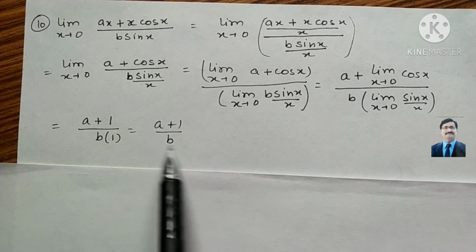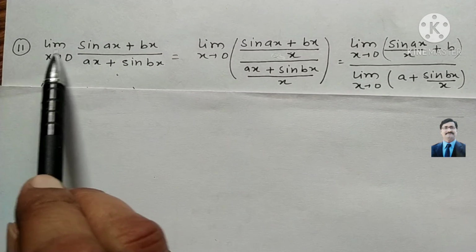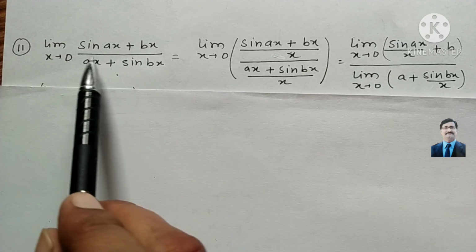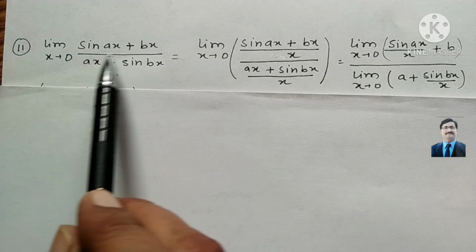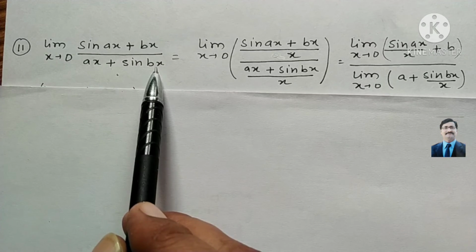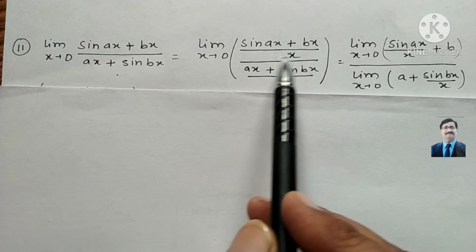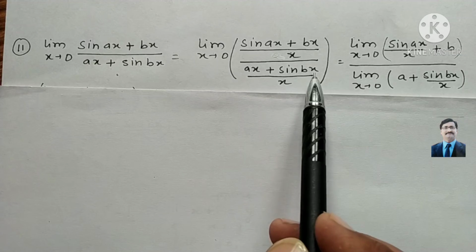This is our answer. Same as before, the next question is the limit as x tends to 0 of (sin ax plus bx) whole upon (ax plus sin bx). Here also the numerator and denominator we will divide by x. So we will get the limit as x tends to 0 of (sin ax plus bx) whole upon x and the whole (ax plus sin bx) upon x.